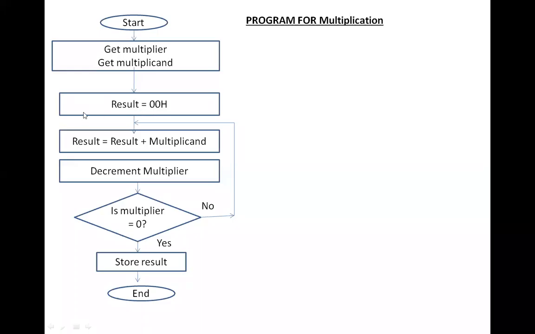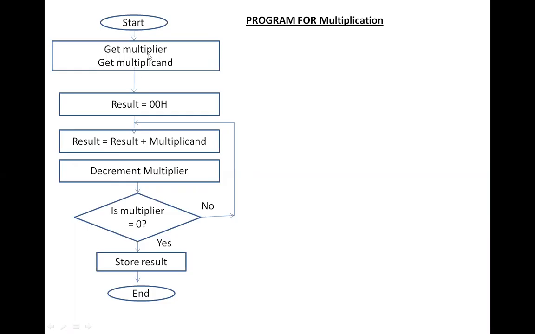Once the result is initialized with 00, we do result equals result plus multiplicand. Suppose the multiplicand is 06: the new result will be 00 plus 06, which is 06.